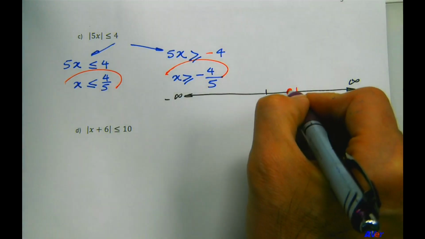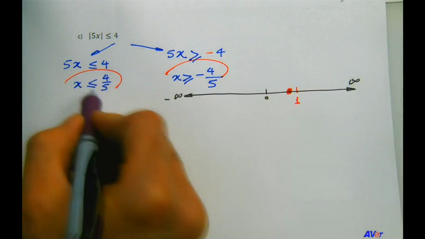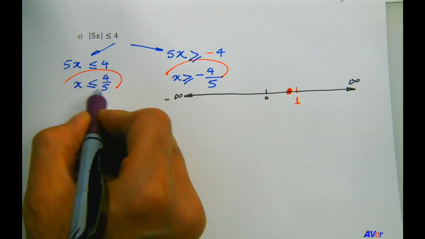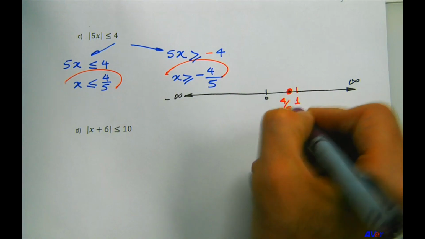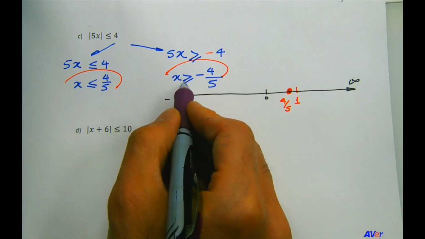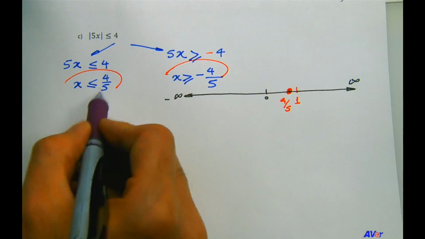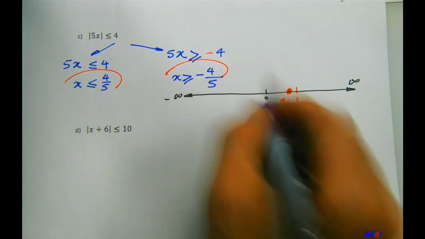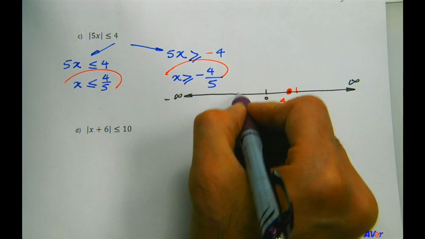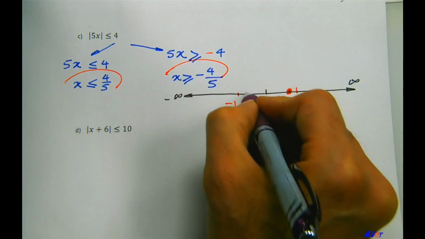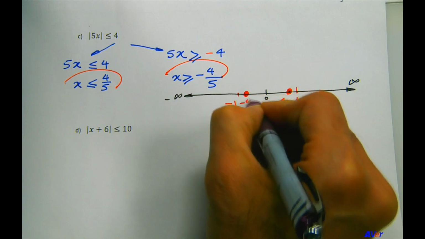And I'm going to put a filled in circle because this 4/5 can be part of the solution. Let me plot this and then I'll go over that too. If this is -1, -4/5 would be somewhere here, -4 over 5.